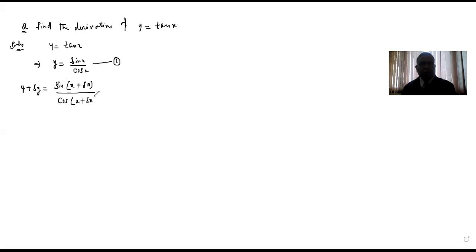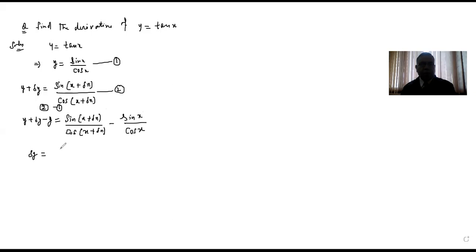x plus delta x. This is number two. So y plus delta y minus y, that means 2 minus 1, which is sin x plus delta x upon cos x plus delta x minus sin x upon cos x.